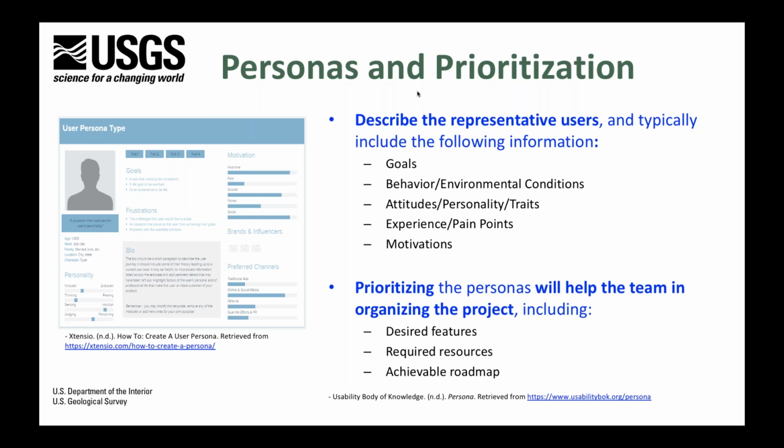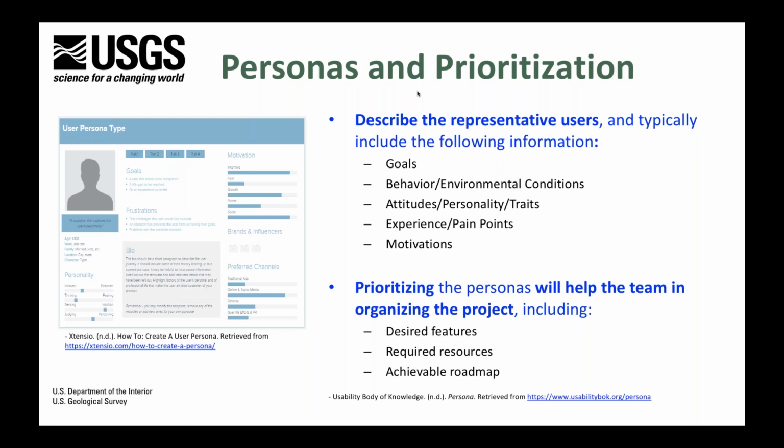During this process too, you might decide that you have more than a handful of personas, like more than 3 to 5 personas, and you might not be able to cater to all the personas at the same time. So prioritization is also really important when thinking about assessing needs and establishing scope.